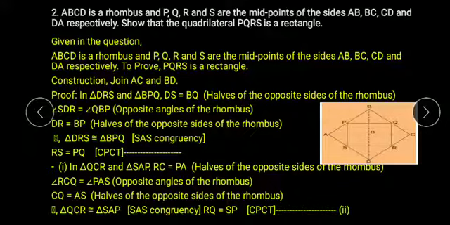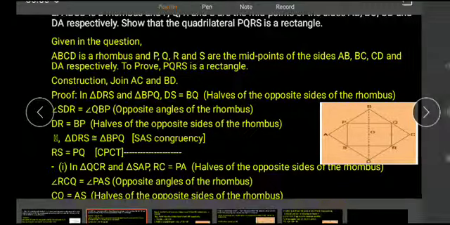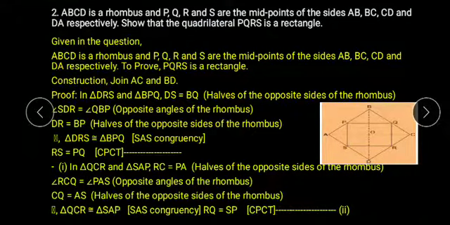Now let us see question number 2. ABCD is a rhombus and P, Q, R, S are the midpoints of the sides AB, BC, CD and DA respectively. Show that the quadrilateral PQRS is a rectangle.